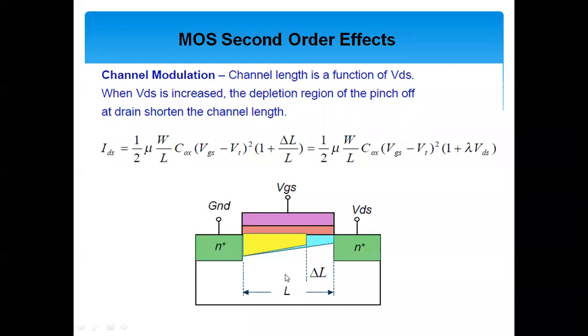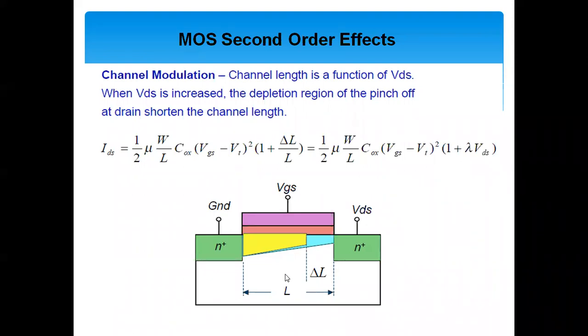Basically, channel length is a function of VDS because from the VI characteristics you can see that as we increase VDS, the channel also keeps changing and the current keeps increasing up to the pinch off point, right? So basically channel length is a function of VDS.